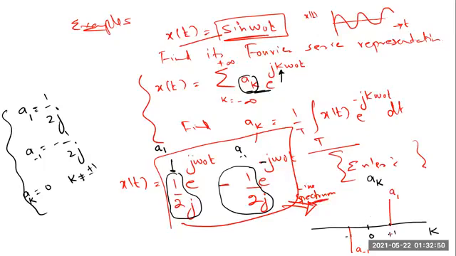So this is telling us that there are theoretically, ideally or mathematically, two frequency components. So plus 1 means plus omega naught, minus 1 means minus omega naught. We know that there is no such thing as negative frequency in a practical sense.